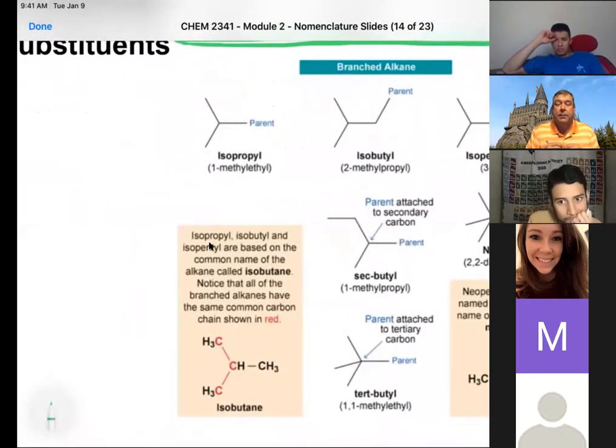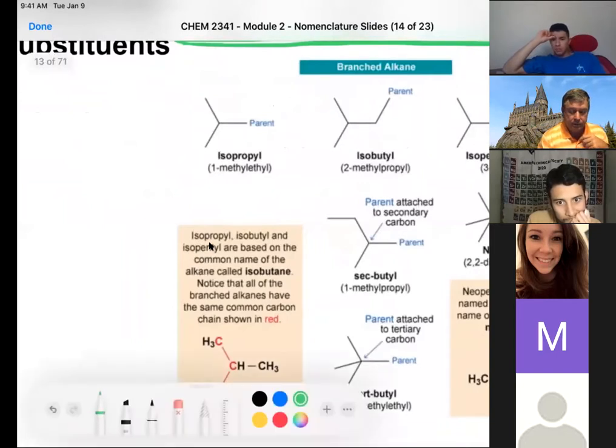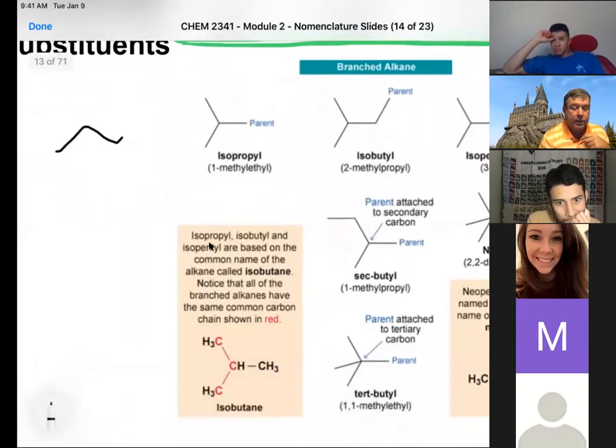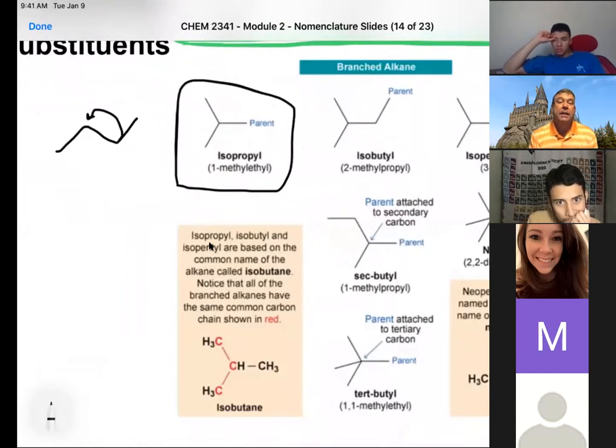So if we look at our first isomer here, if we take that propyl group and instead of being that long straight chain, we just move a methyl group from one side to over here, we end up with this right here. The common name for it is isopropyl, okay? Because propyl is the straight chain. Well, this is an isomer of propyl, so it's the isopropyl, okay? And it's the simplest one.